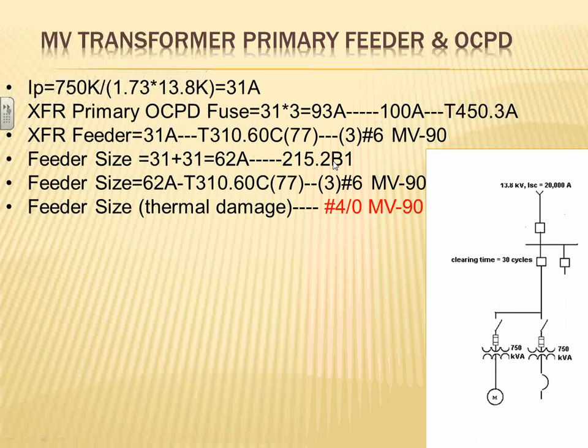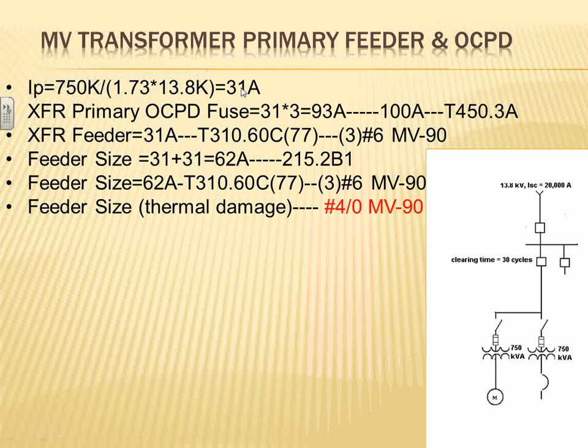I doubt anybody has been there. It tells you how to size a medium voltage feeder. If you are sizing it to feed two transformers, you take the full load amps of the two transformers, no 1.25, nothing. Add them up and size your feeder. Again, I can't emphasize enough, these are higher than 600 volt.